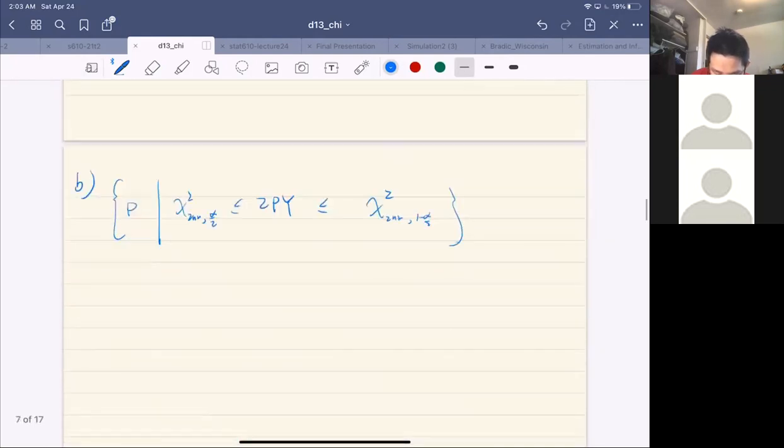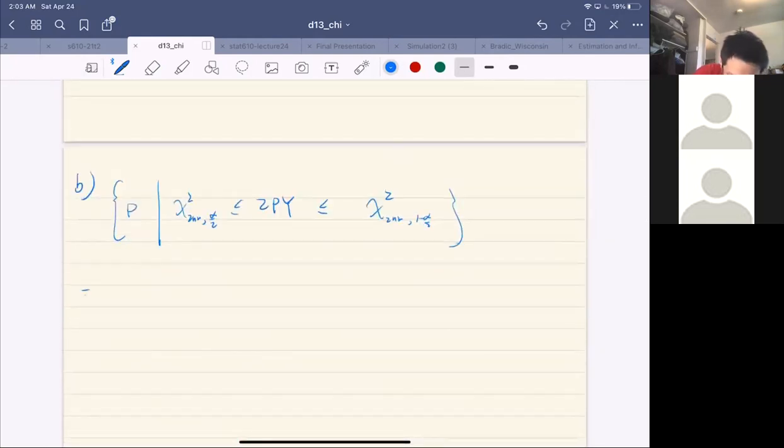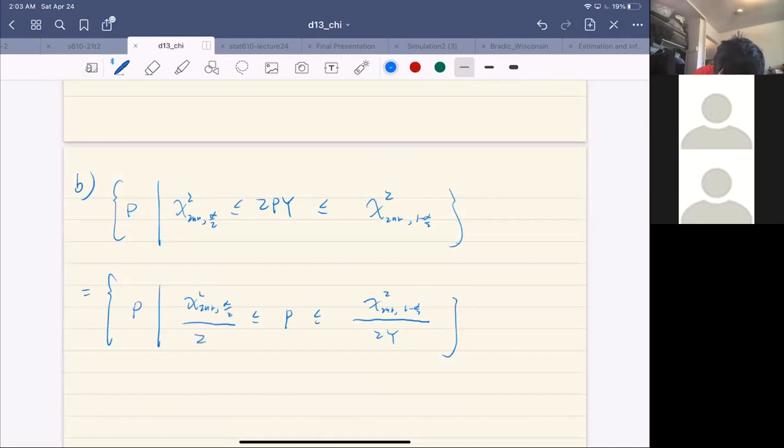So we can do some rearrangement. So it can be like the p is 2Y.